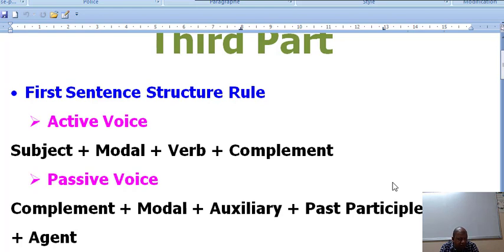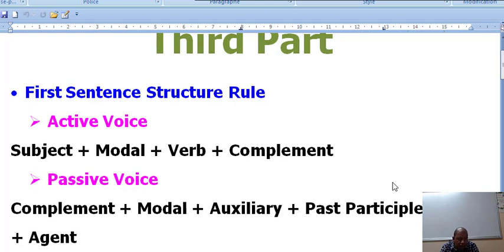Then we bring an auxiliary according to the infinitive verb. Here it is going to be be most of the time. And that verb becomes past participle. What I have said before concerning the agent, by plus agent, it's optional, it's not obligatory. This is the first sentence structure, because here we are going to have two sentence structure rules.